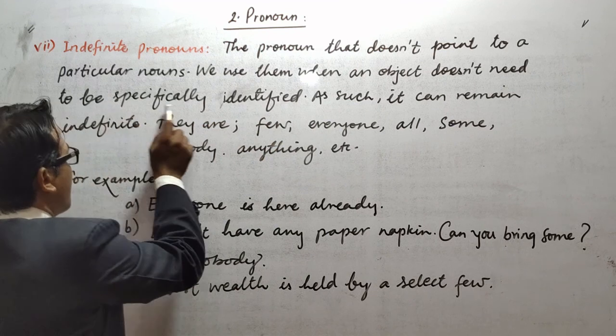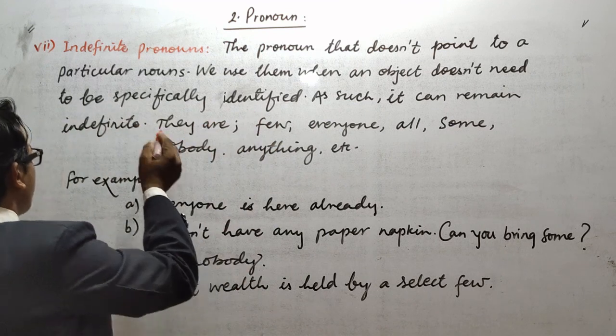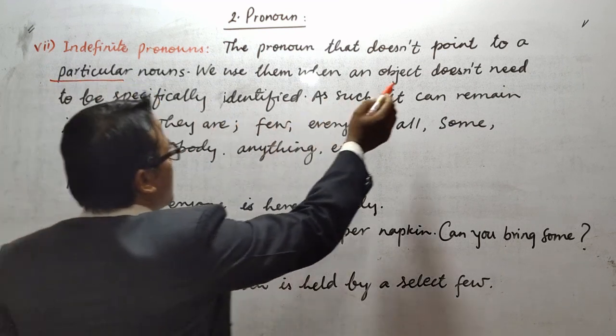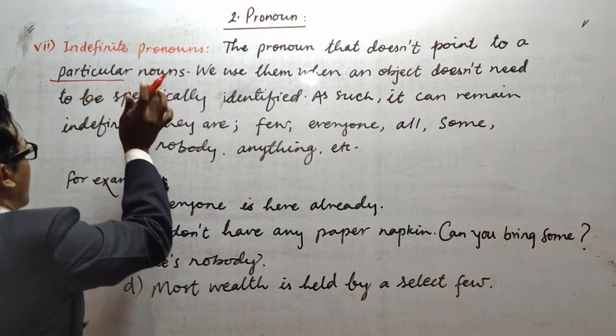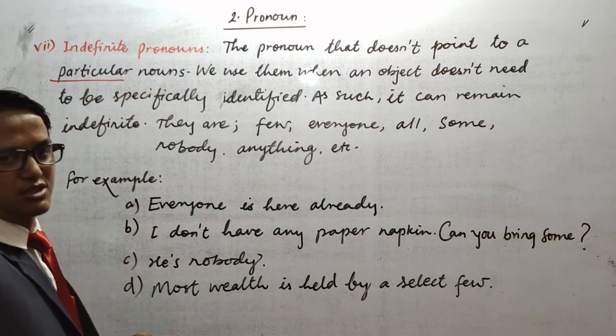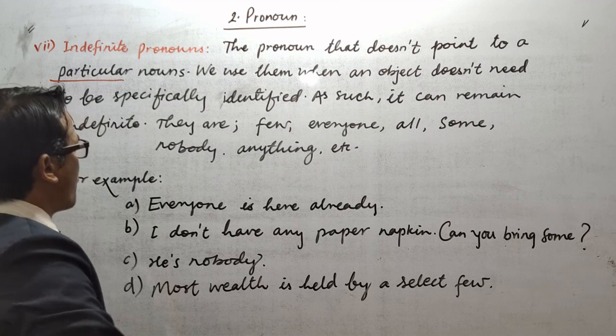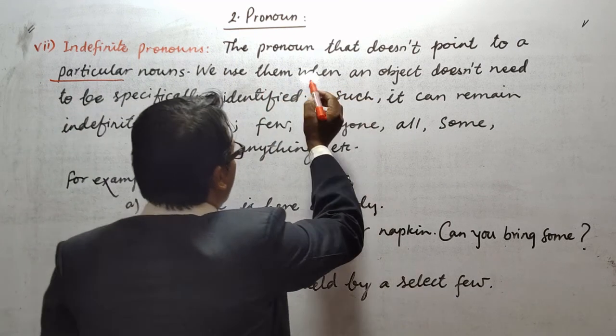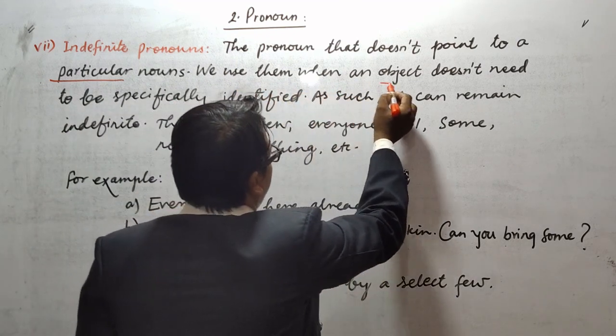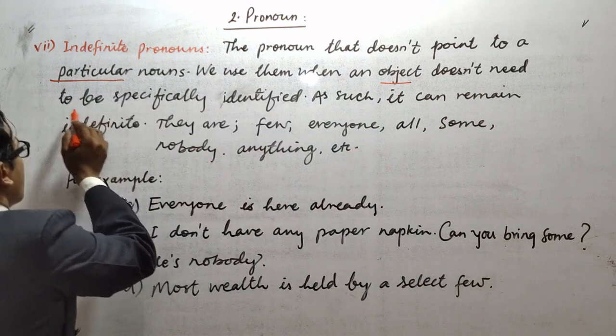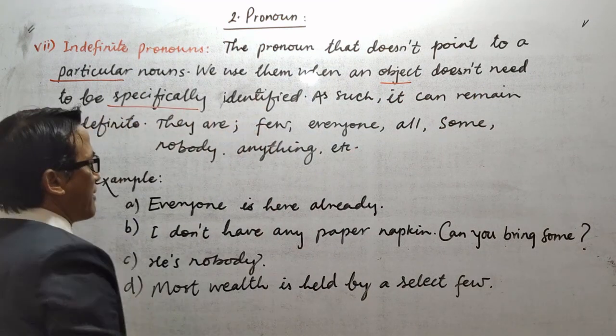Specifically identified. So here it does not point to any particular noun. It means it is not a fixed noun. When we use them, the object does not need to be specifically identified.